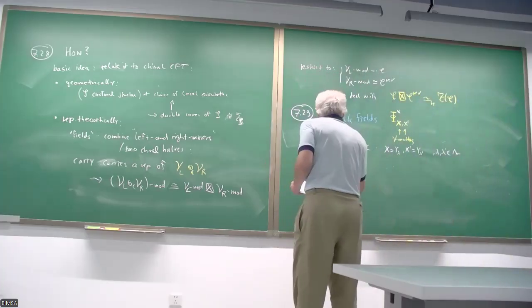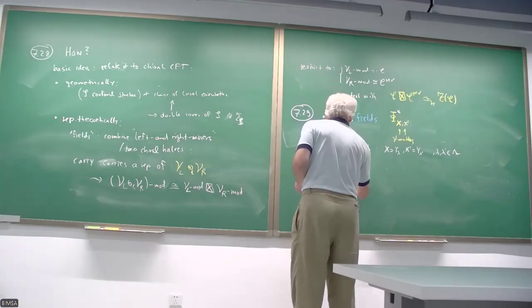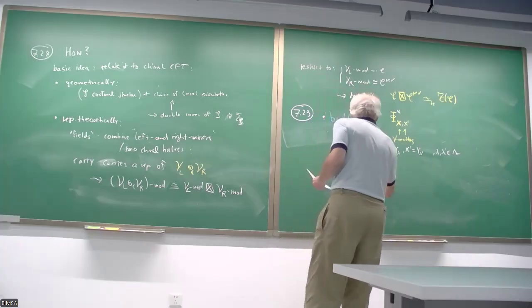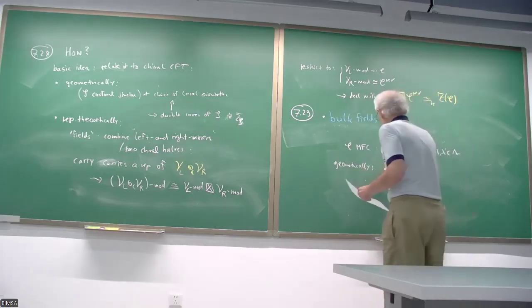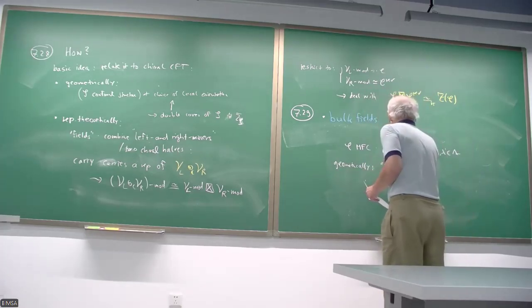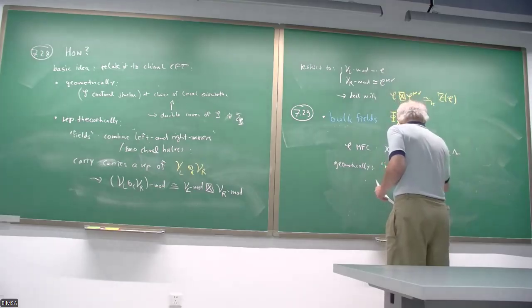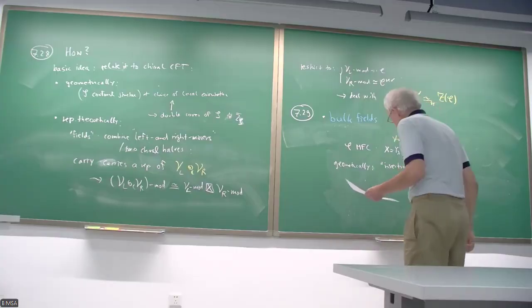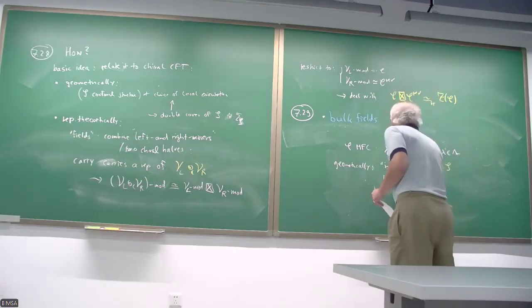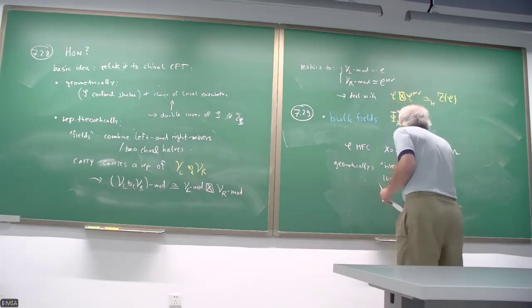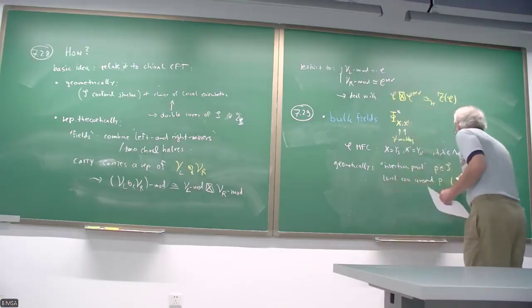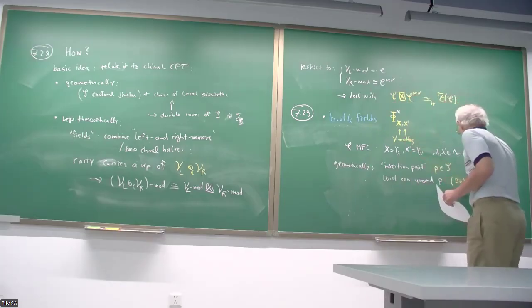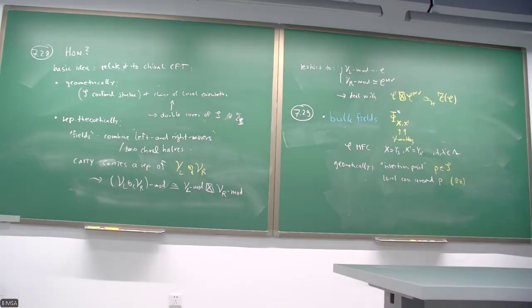Now, geometrically, so this is the representation theoretic aspect. We have some point P on our worksheet, which is the insertion point, and a local holomorphic coordinate around P. And this corresponds, in the way we have done in chiral conformal field theory, to the formal parameter z in the vertex algebra.